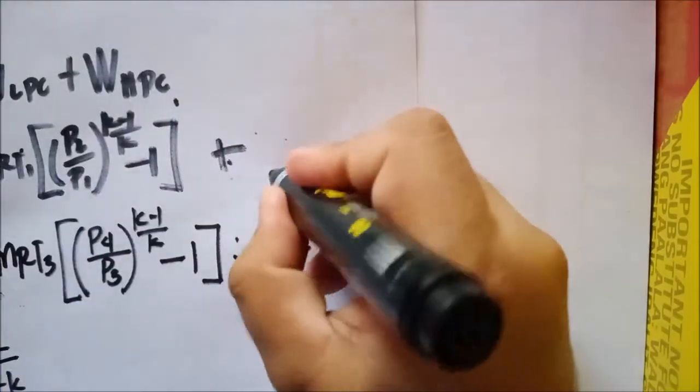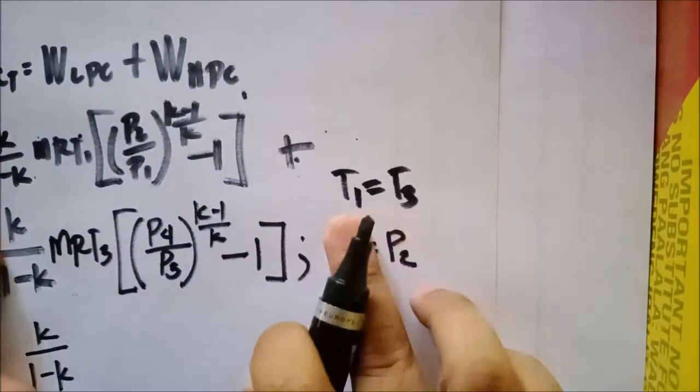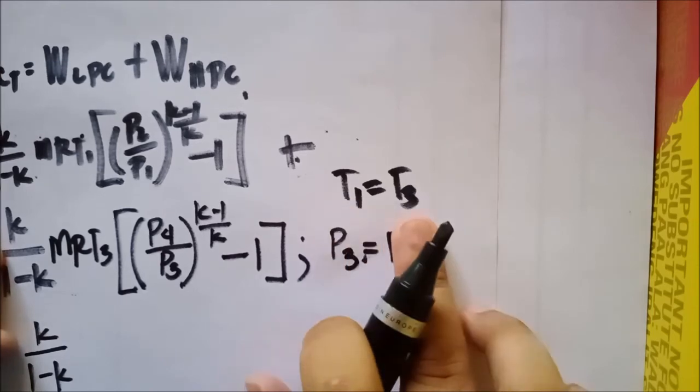Since we also know that T1 is approximately equal to T3, because that is why we intercool, we need to bring back the exit temperature from the low pressure compressor.